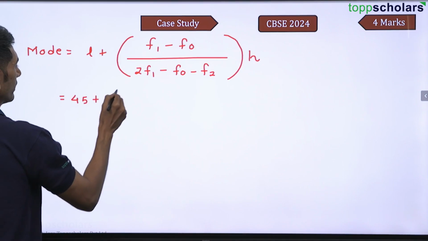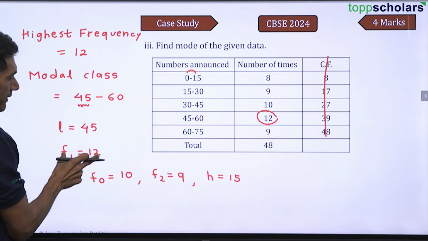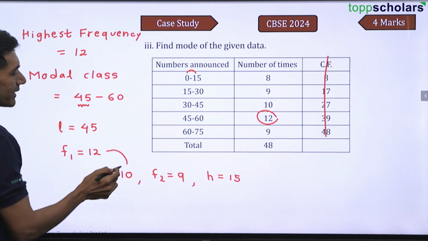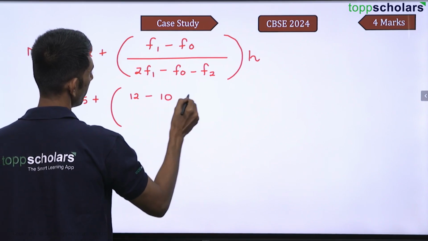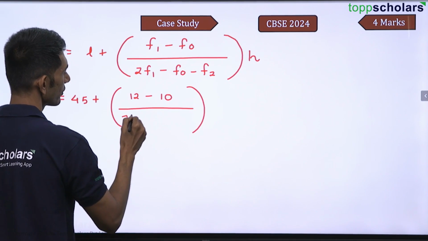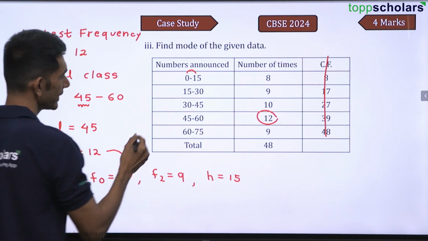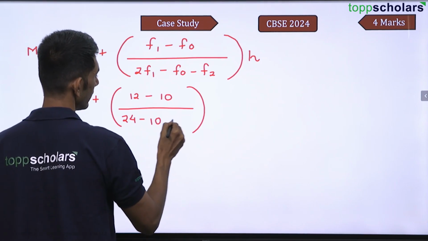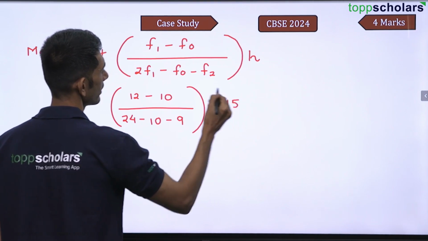So 45 plus F1 minus F0, 12 minus 10, by 2F1, 2 into 12 is 24, minus F0, F0 is 10, minus 9 into H. H is 15.